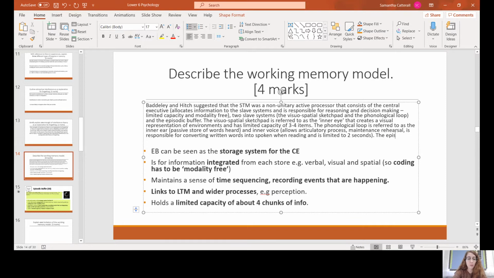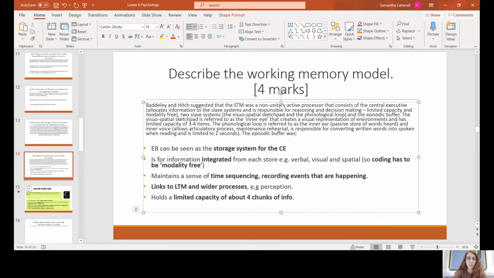So the episodic buffer was added later as a storage system for the central executive. I'm just going to put in brackets here so that I can do that. My computer's being really weird. It's freezing. Okay, I'll just write it in full. Don't worry about it, computer.